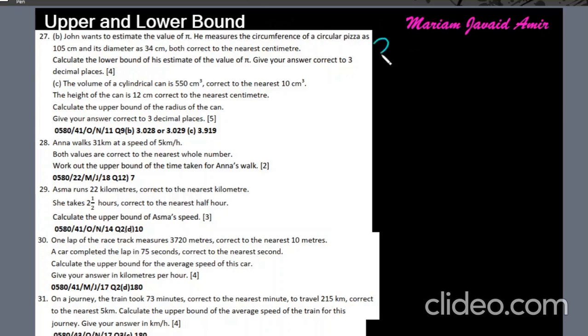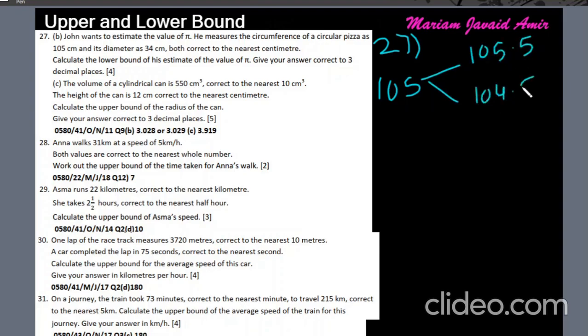John wants to estimate the value of pi. He measures the circumference of the circular pizza as 105 centimeters and its diameter as 34 centimeters, both correct to the nearest centimeter. So 105 correct to the nearest centimeter means the upper bound will be 105.5, the lower bound will be 104.5, and the diameter is 34 correct to the nearest centimeter, so 34.5 and 33.5.